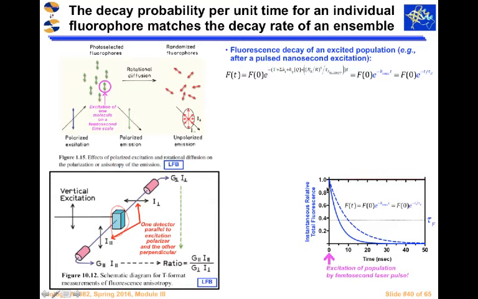This pulse will not excite all of the population, but with some probability, each molecule will absorb a photon, and then we will get some fraction of the population in the excited state, as shown by the Jablonski diagram.